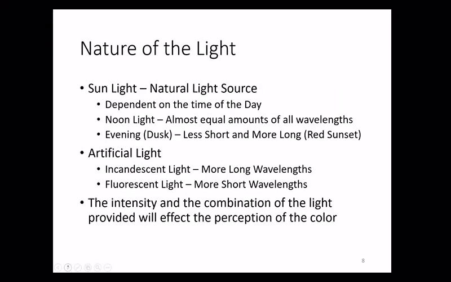Now before I do that, let's start with the nature of the light. When we talk about the nature of the light, what we mean by that is what wavelengths of light are present.